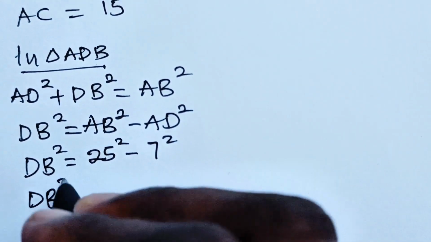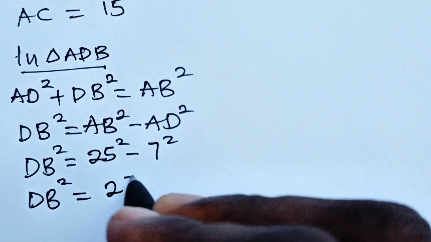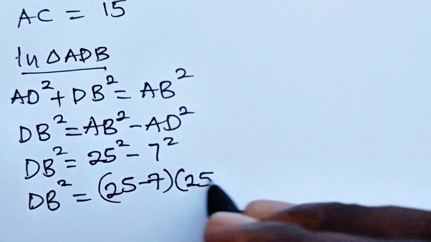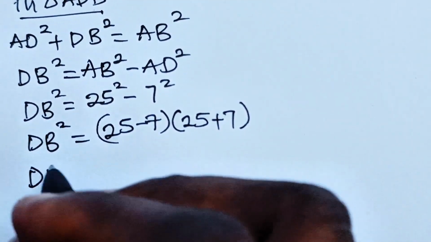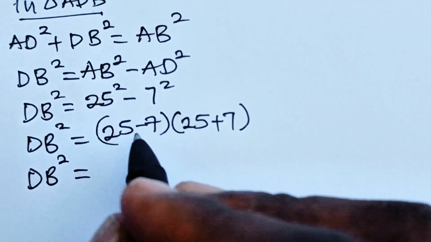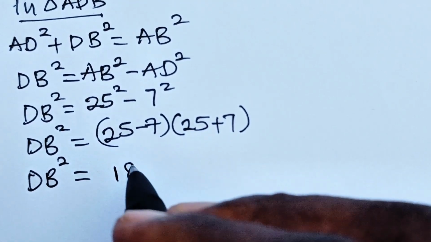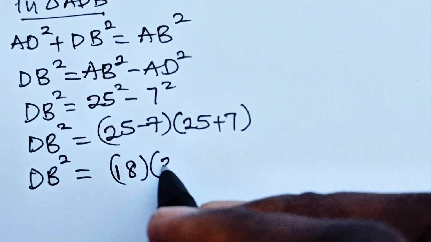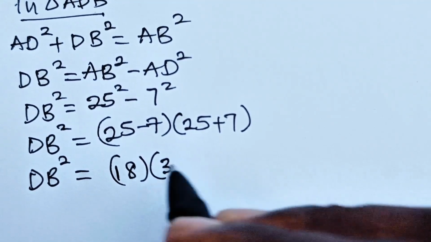So DB squared is equal to 25 minus 7 multiplied by 25 plus 7. DB squared is equal to 25 minus 7 is 18, and 25 plus 7 is 32.